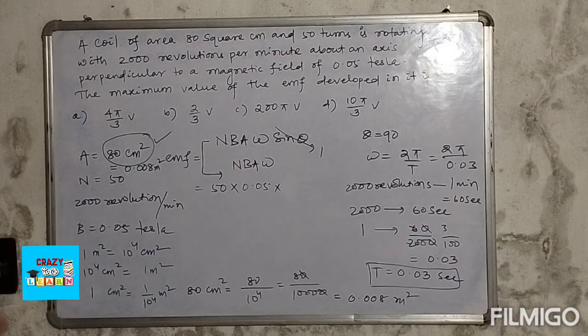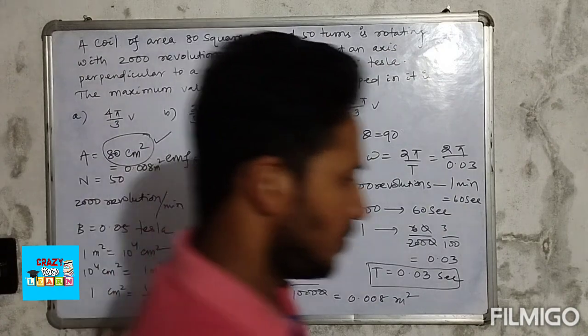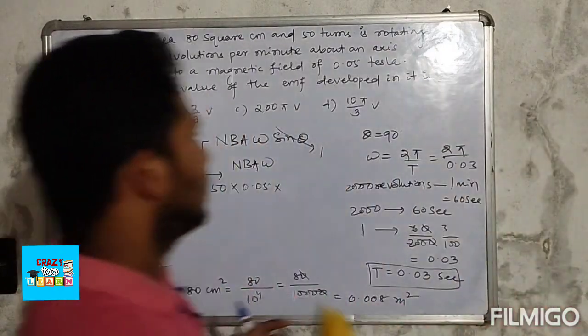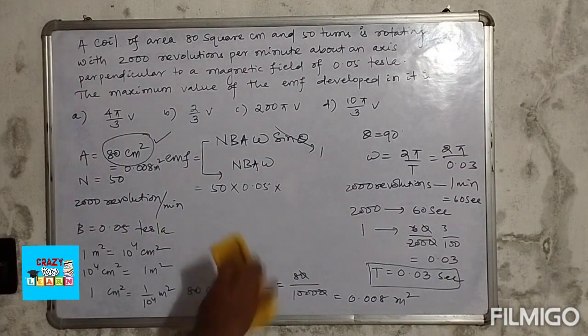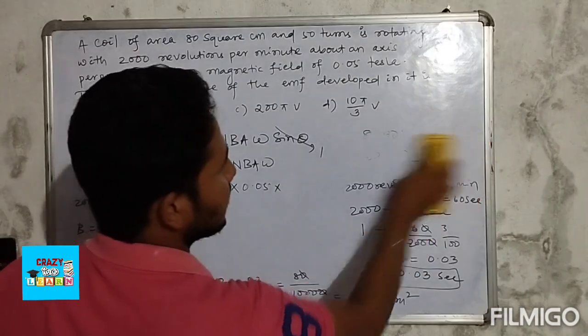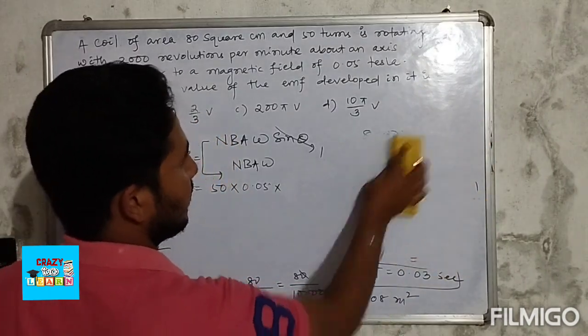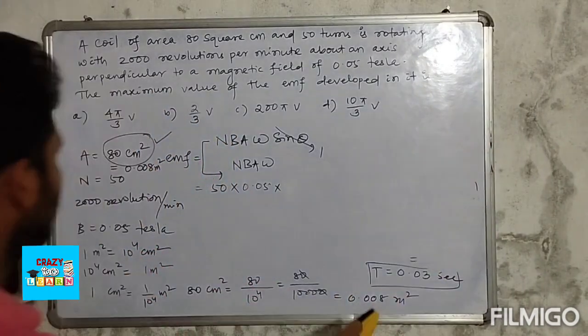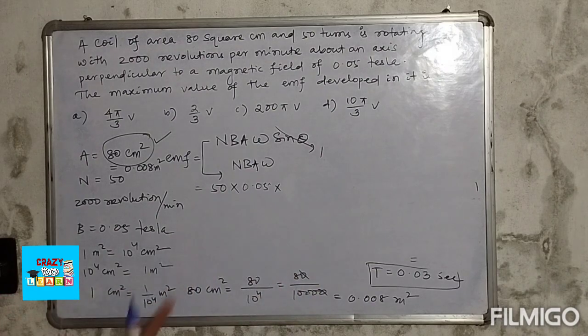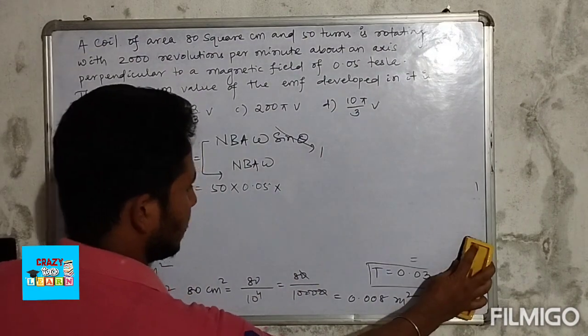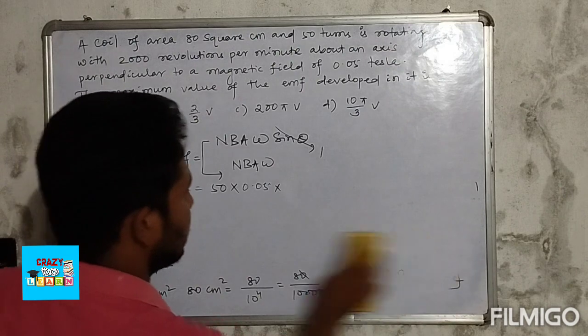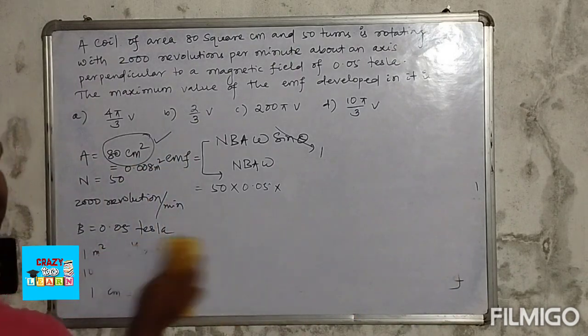Now we will note the things, then we will put them in the formula, because we don't have more space. So now I am going to erase these things. T value is 0.03 second. A value we got. Now I am erasing these things.